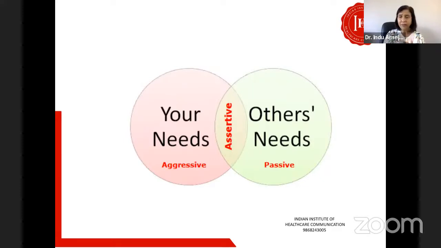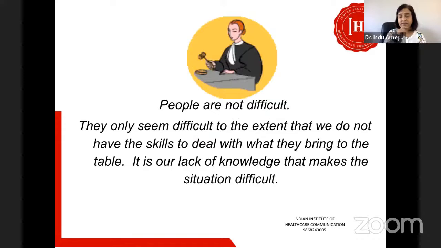Internally, they may be unhappy, they may be dissatisfied, but they would not raise that issue. But the right way of communicating, or having a healthy relationship, is where both the parties assert and address their own and each other's needs in a sensible manner.